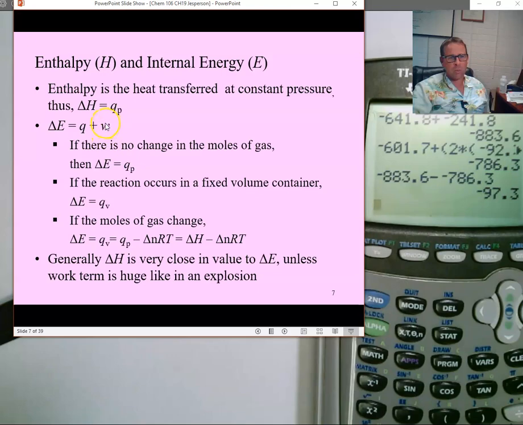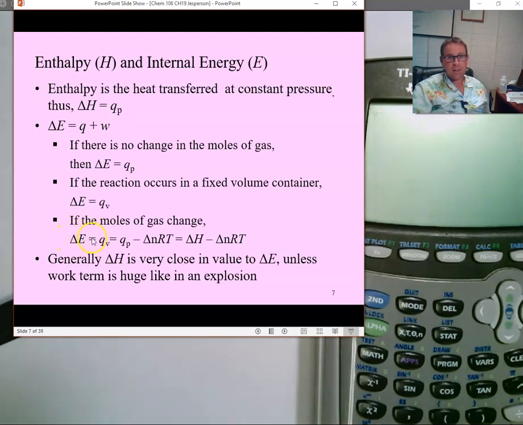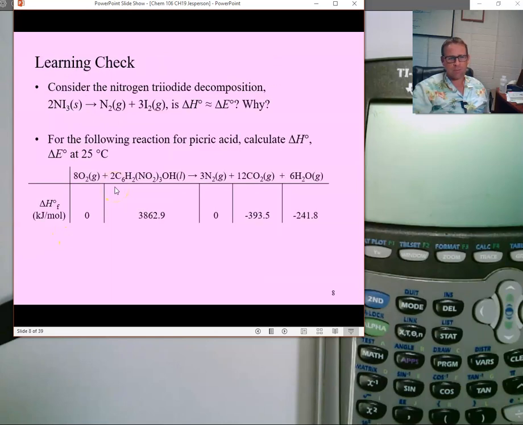And if we call our work component this negative delta nRT, then the energy, delta E, is related to the delta H, those are the values that we were just finding, minus the delta nRT. So we can use the change in moles in the reaction times the RT, put a negative sign in front, add it to whatever our delta H is, and that will be the total energy for the reaction.